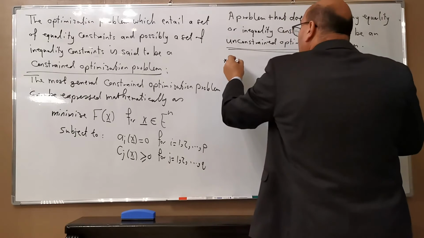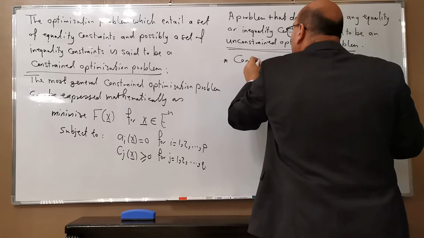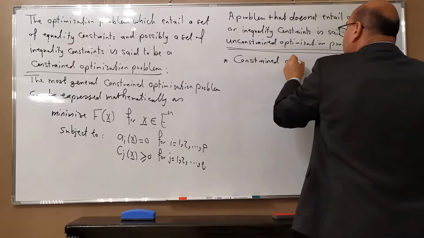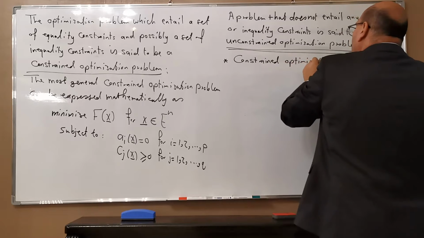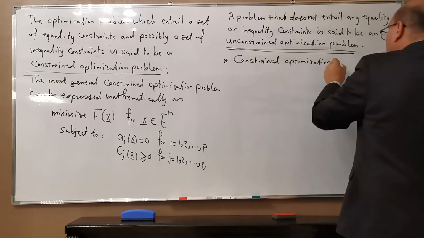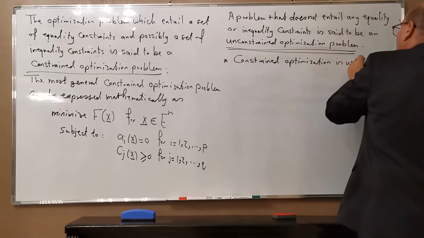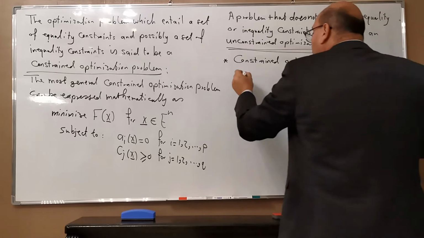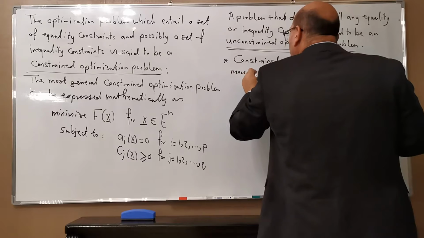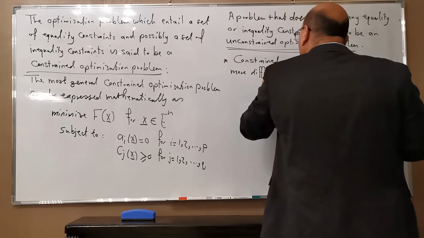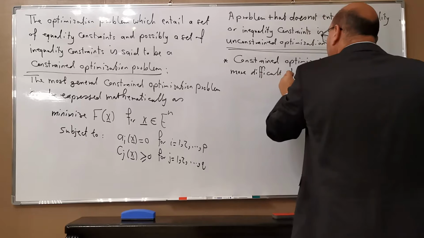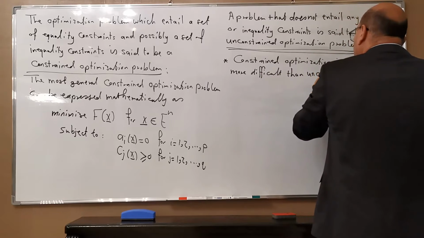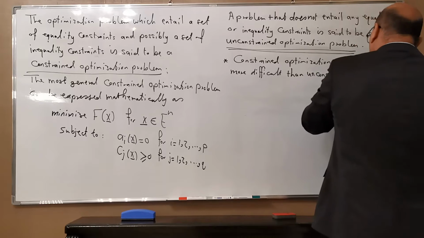Okay, another point. Constrained optimization is usually much more difficult than unconstrained optimization.